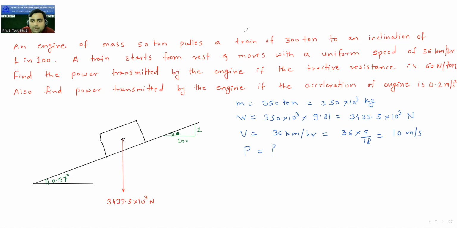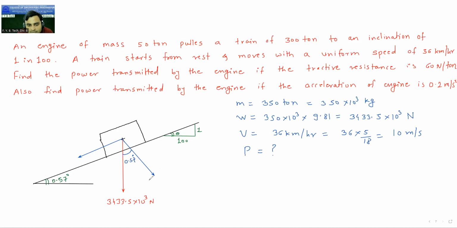Now we need to resolve this. So if you resolve, one component will be parallel to this plane and another component will be perpendicular to this plane. So here, if this angle is 0.57 degree, this angle is also 0.57 degree.